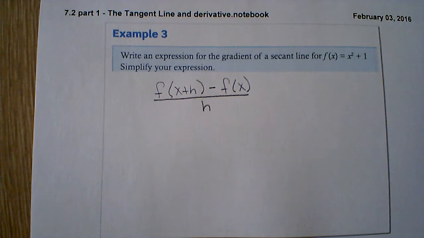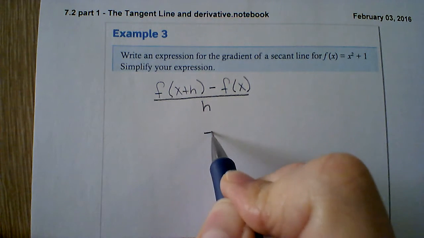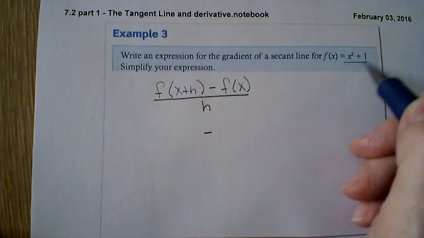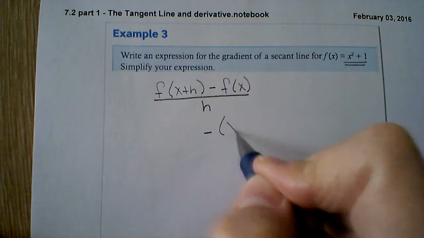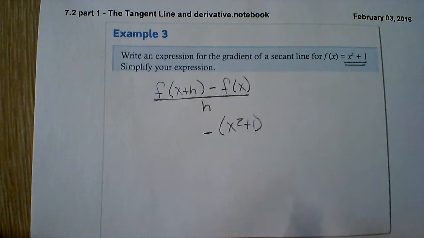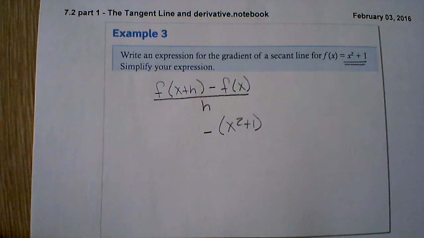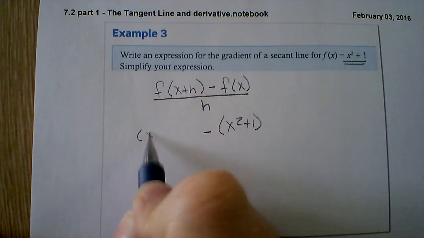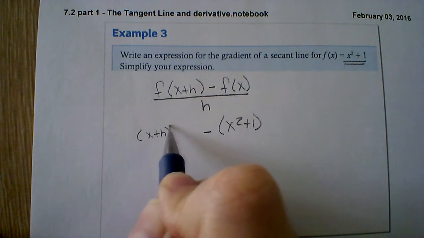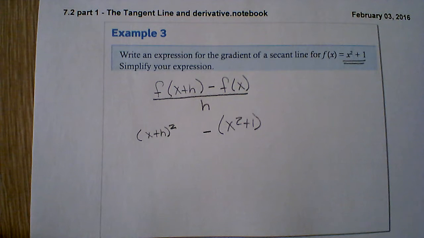Well, let's look at the easy part first. What's f of x? So that goes in place of f of x, right? Just as f of x. How would we write f of x plus h? I replace x with x plus h squared, right?